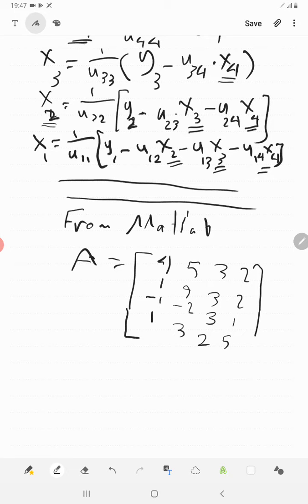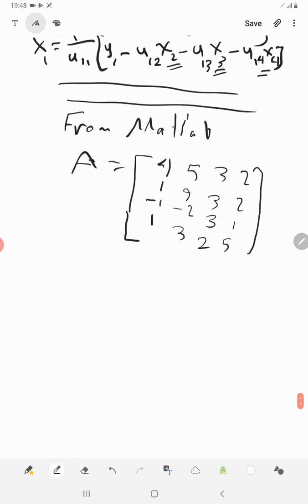This is basically A. And we have B is equal, let me see what B is here.